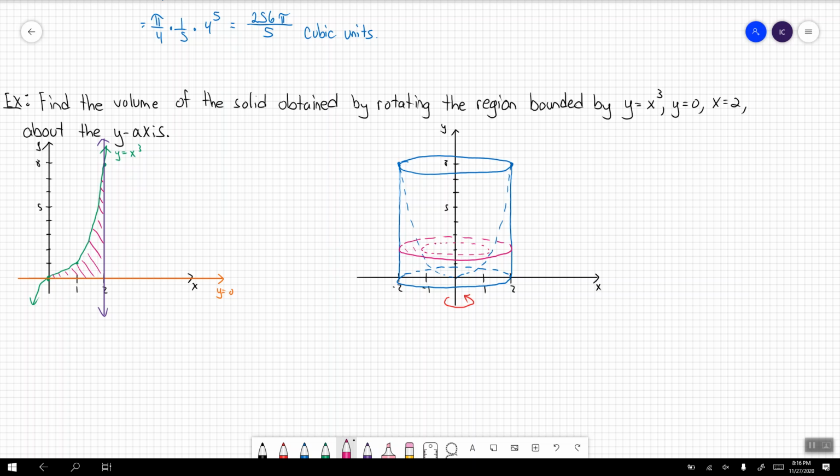Therefore, the area that we're trying to find is the area made by this little disc, or as we call it, that washer. So this is your cross section. It looks like a washer.